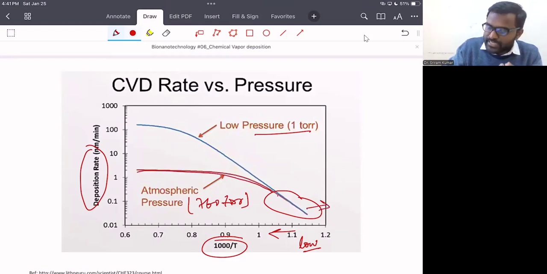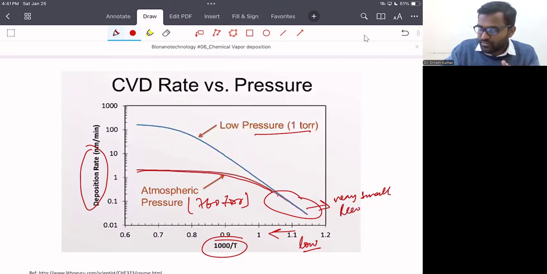So you have a very small reaction control process range.